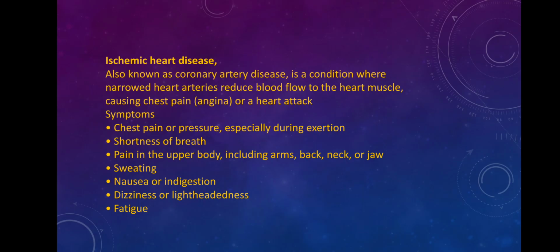Narrow means reduced space, so less blood flows to the heart muscle, causing chest pain. The medical term for this chest pain is angina, or a heart attack. Coronary artery disease is a condition where narrowing heart arteries reduce blood flow to the heart muscles.